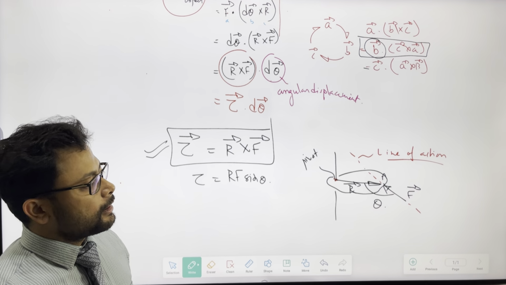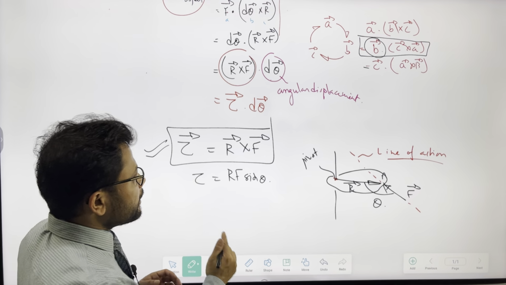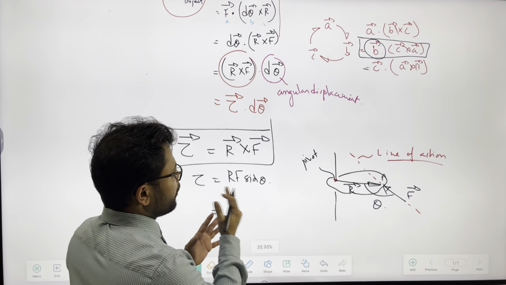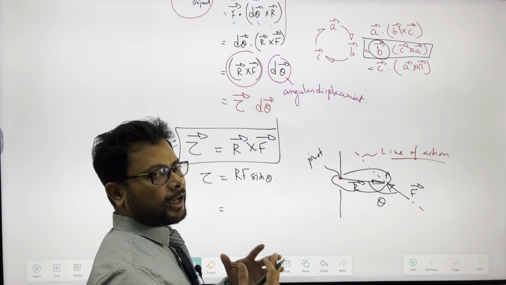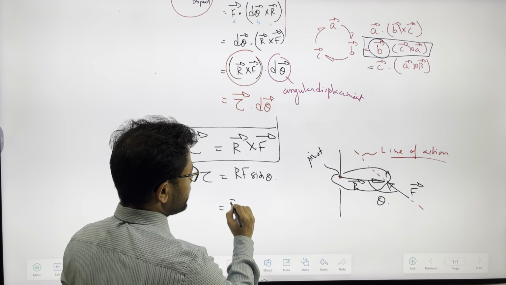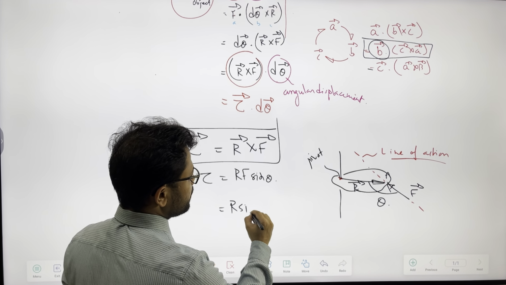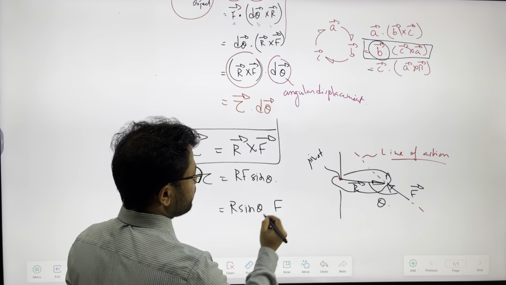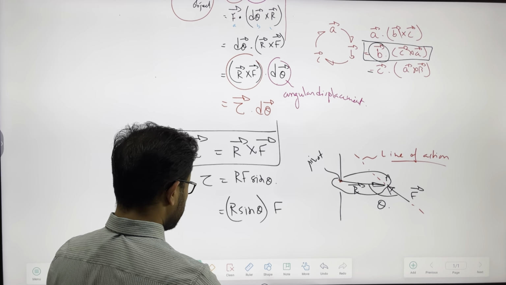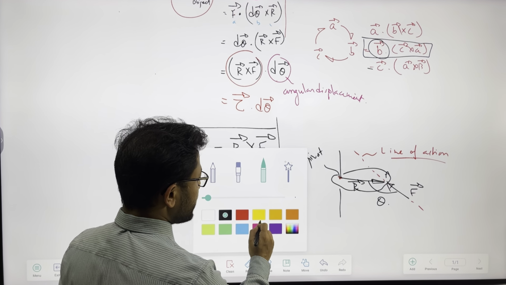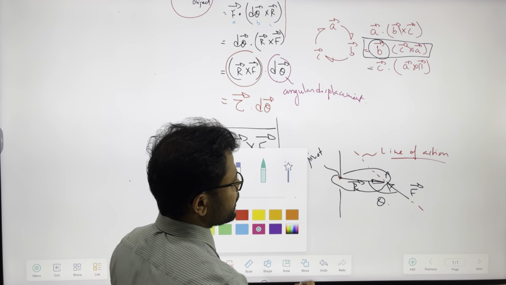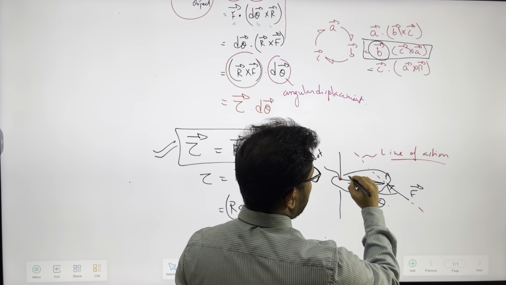Okay. So if we rearrange this thing, it is going to look like r sine theta times F. And this r sine theta, from this diagram, this is r.